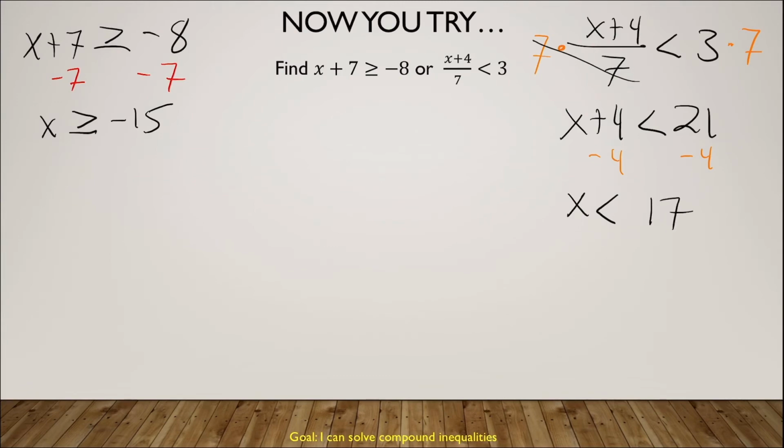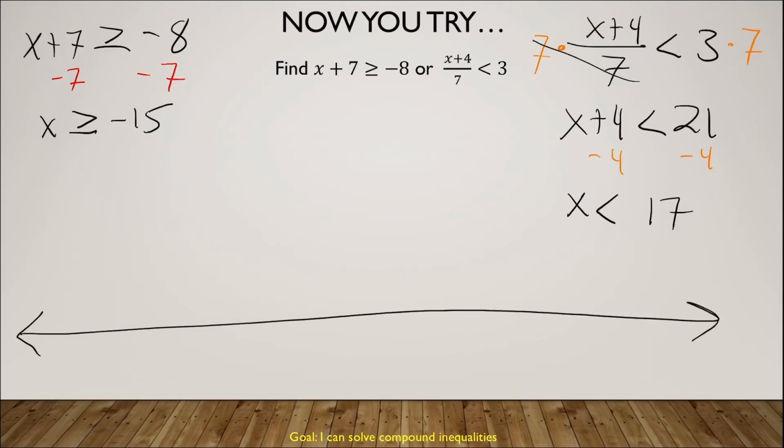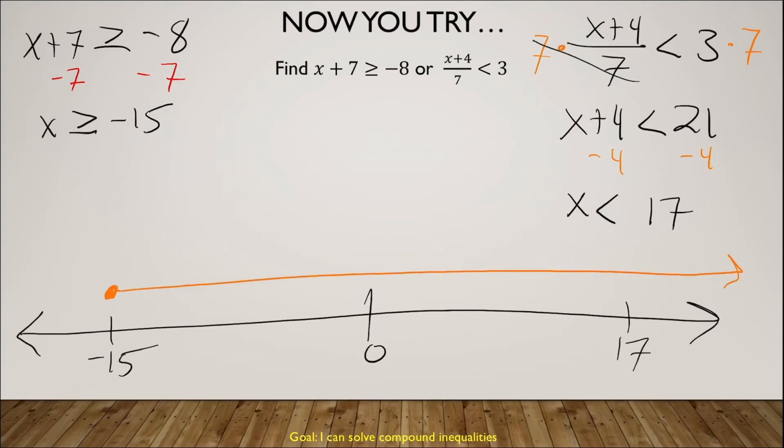Alright, now we can draw our number line. We have negative 15 somewhere over here, 17 somewhere over here. So negative 15 is a filled in circle, and it's anything bigger than negative 15, so that's anything over there.